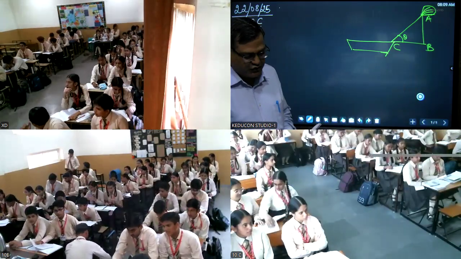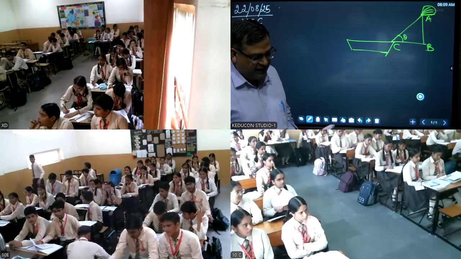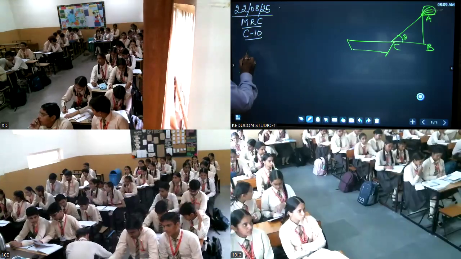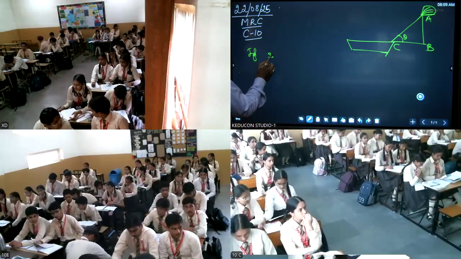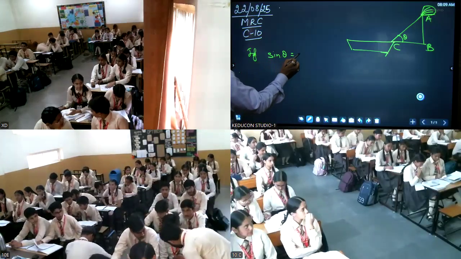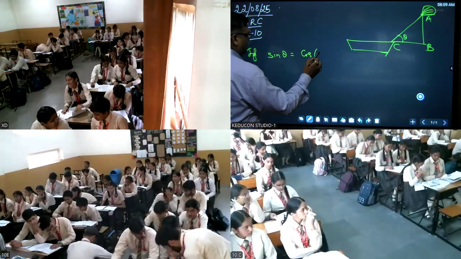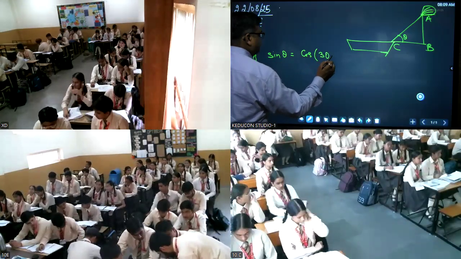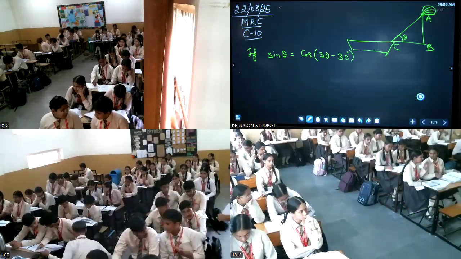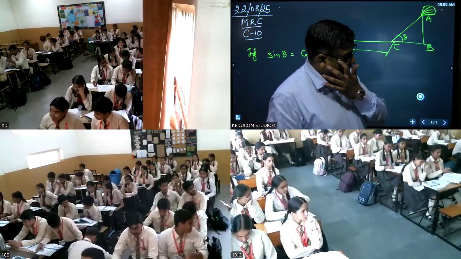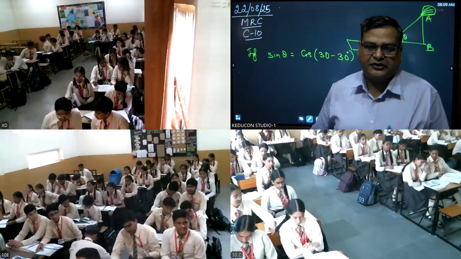So first question is, in the given figure, if sin theta is equal to cos of 3 theta minus 30, and both theta and 3 theta minus 30 are acute angles, find the value of theta.